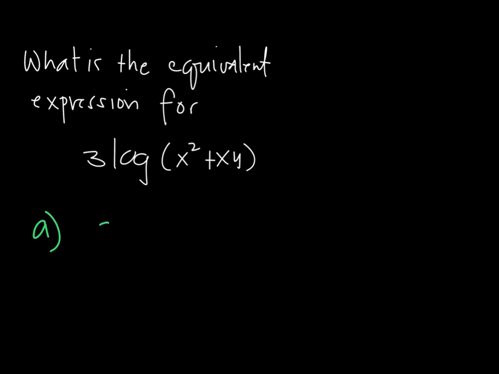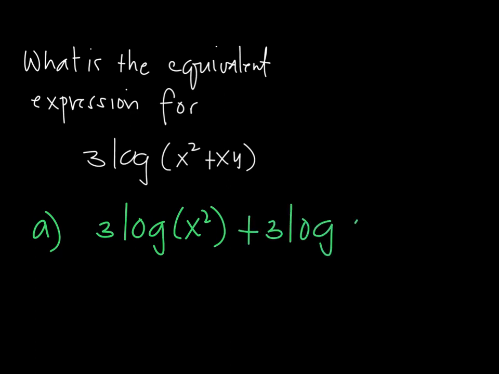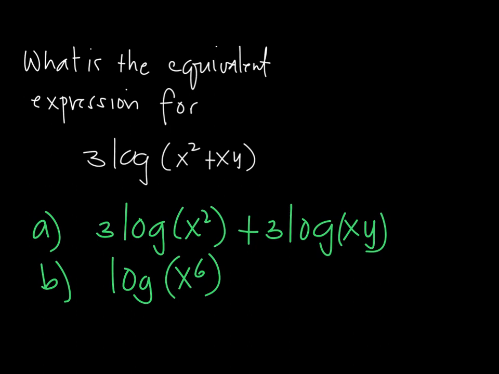Let's say on A, it's 3 log of x squared plus 3 log of xy, or B, log of x to the 6 plus log of xy raised to a 3.